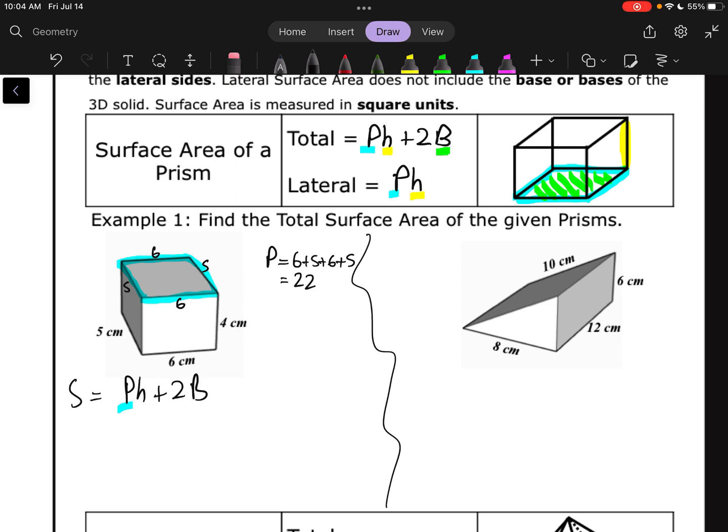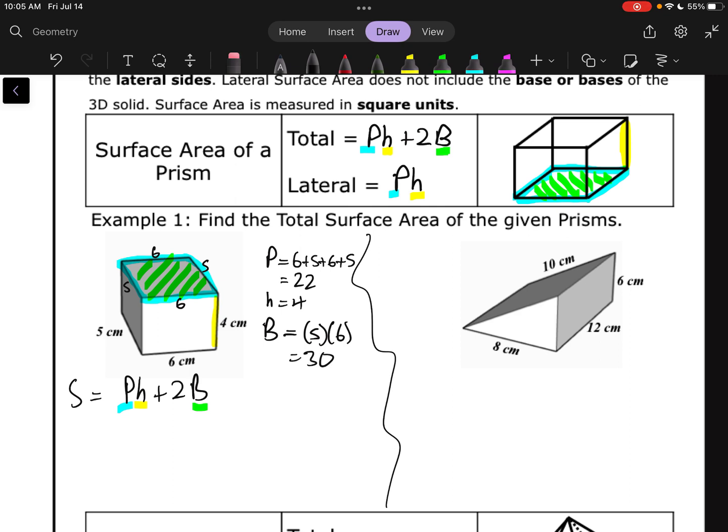Now my h would be this 4 here. And then for my B, I would need to find the area of the base, which, since this is a rectangular prism, I would do 5 times 6, which is 30.